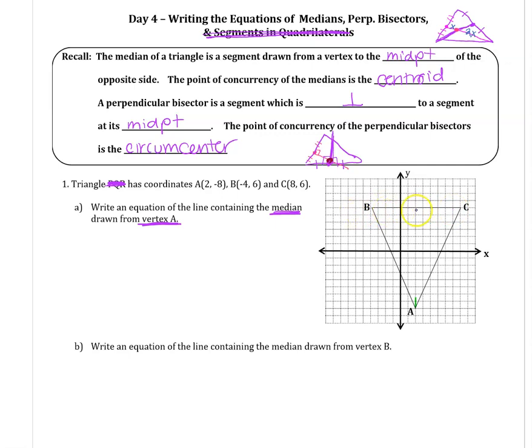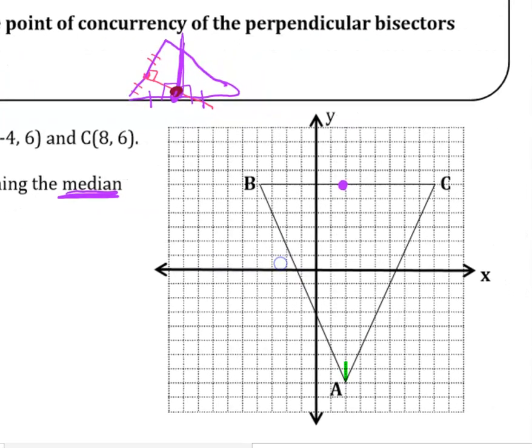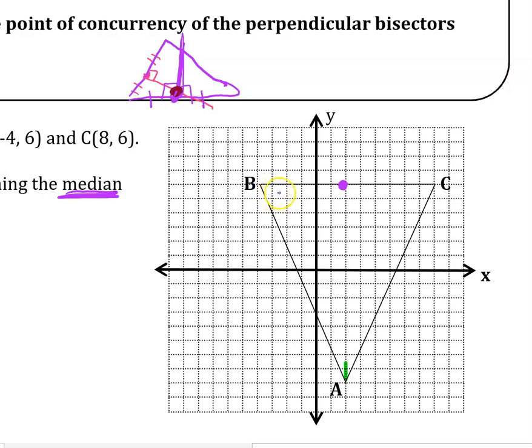Our midpoint is going to end up being at (2, 6). Okay, let me zoom in here real quick. Okay, that should look right. It goes 1, 2, 3, 4, 5, 6, 1, 2, 3, 4, 5, 6. So again, you can either use the midpoint formula, or I'm just using the grid there because it's an easy little horizontal line for me to locate it.